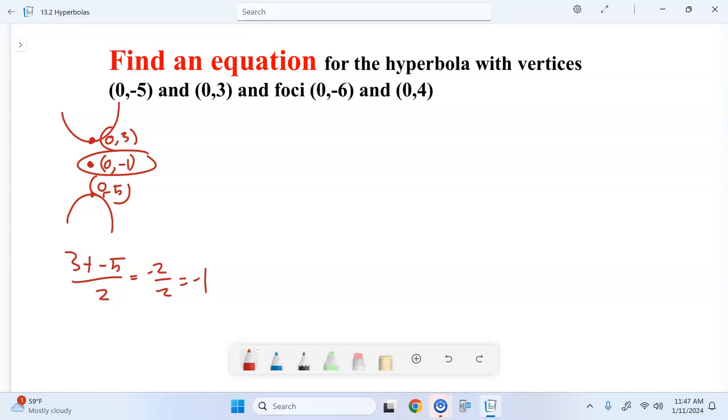We need A and we need B. What's A? A measures what distance? Vertex to center. How far away is our vertex from center? 4.